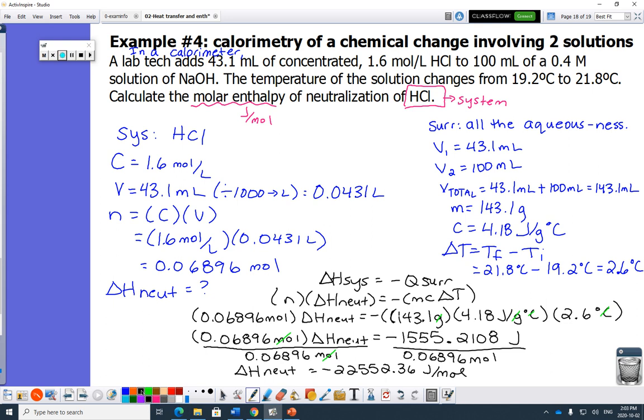If you have an affinity for kilojoules instead of joules, and you put your answer in kilojoules all the time, I'll never take marks off, okay? So you'll never lose marks for doing more work.